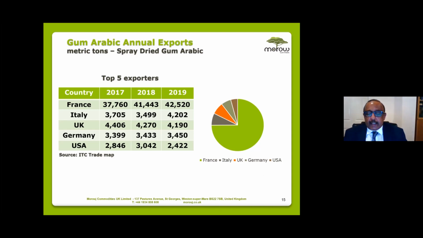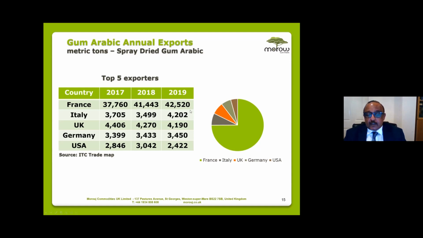But earlier I showed in one of the slides that France imported about 48,000 tons and now re-exported 42,520. This is about 6,000 tons difference.